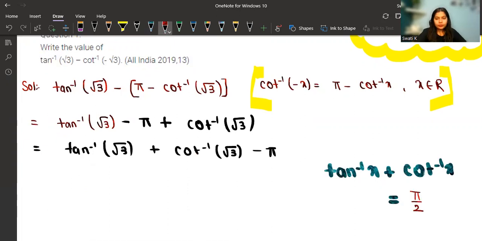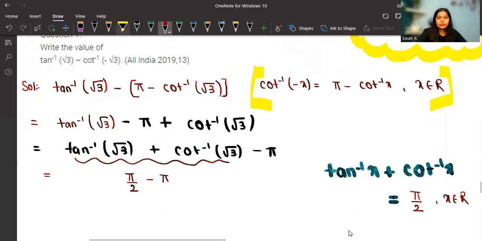This is again one formula where, of course, x belongs to R. So using this formula, tan inverse root 3 plus cot inverse root 3 has the value pi by 2. And this minus pi as it is. Again, because I've used the formula, I'll keep this in a bracket.